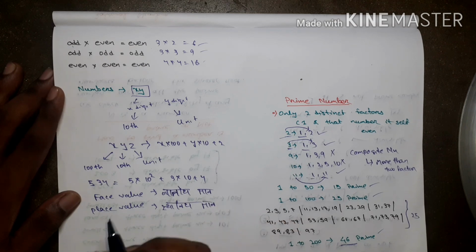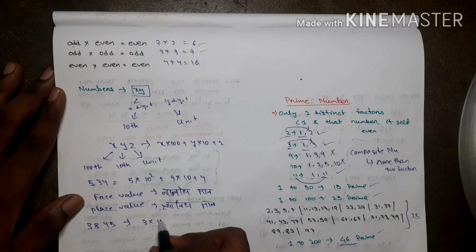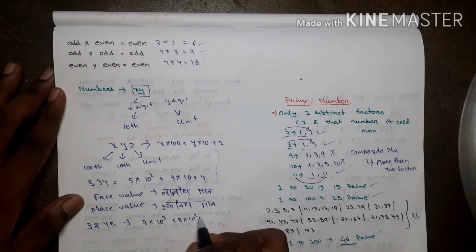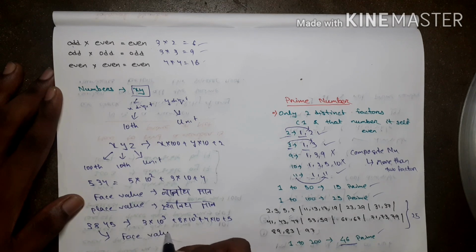Okay. In 3845, I can write this as 3 into 10 to the power 3 plus 8 into 10 to the power 2 plus 4 into 10 plus 5. 8 has a face value, what? 8.